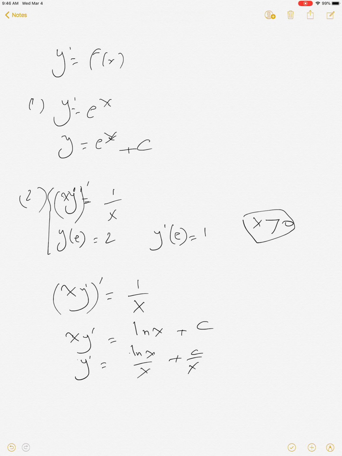Over here, y of e equals 2, y prime of e equals 1. This means x is e, y prime is 1. So x y prime equals ln x plus c, and as I said, y prime of e equals 1.